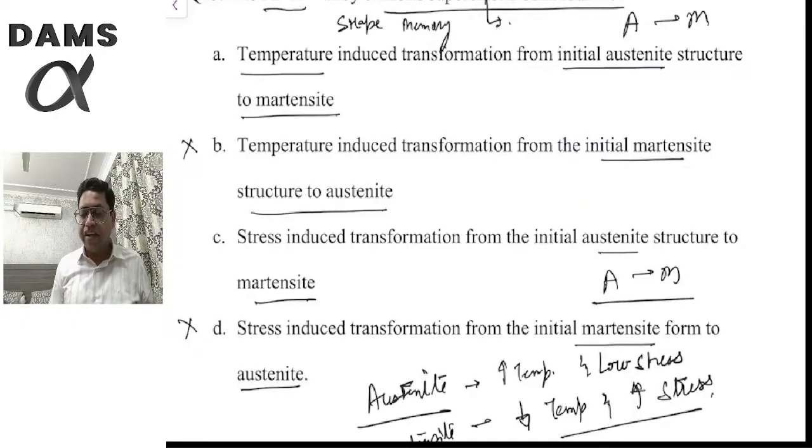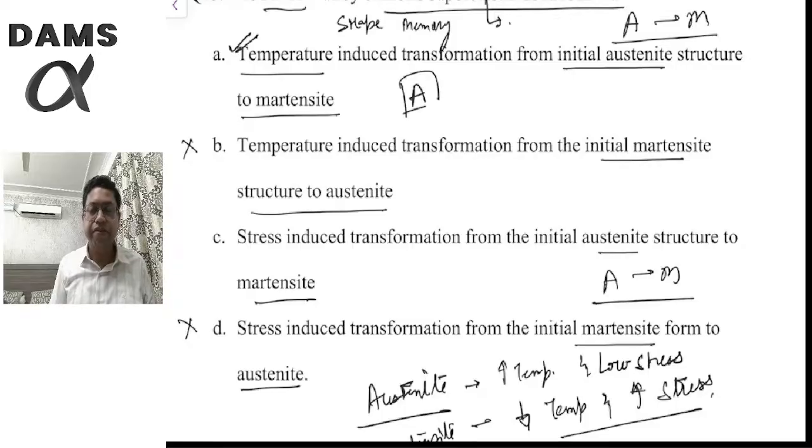Both A and C indicate transformation from austenite to martensite, whether temperature-induced or stress-induced. It is temperature-induced transformation from austenite to martensite. Option A would be the answer. And suppose the question is asking about the phenomenon of shape memory, it would be stress-induced transformation from martensite to austenite.